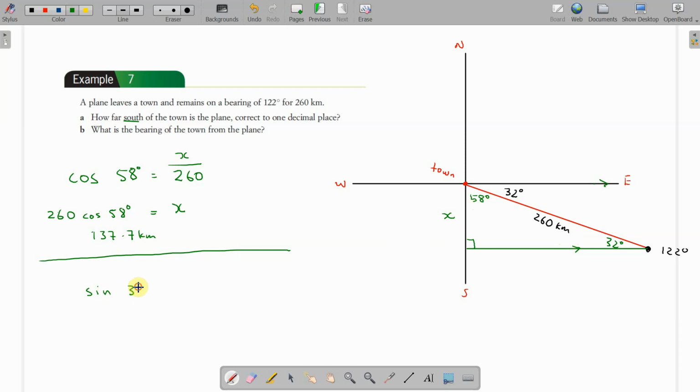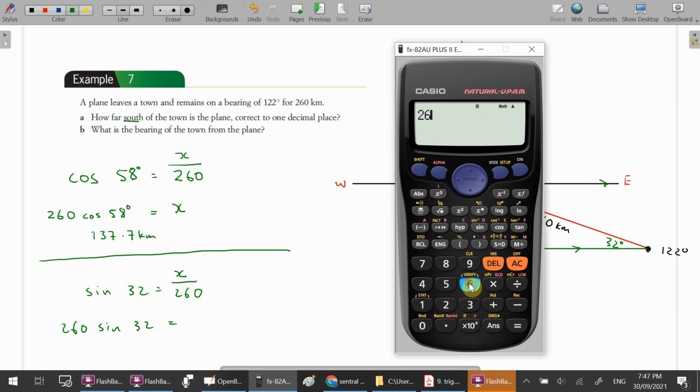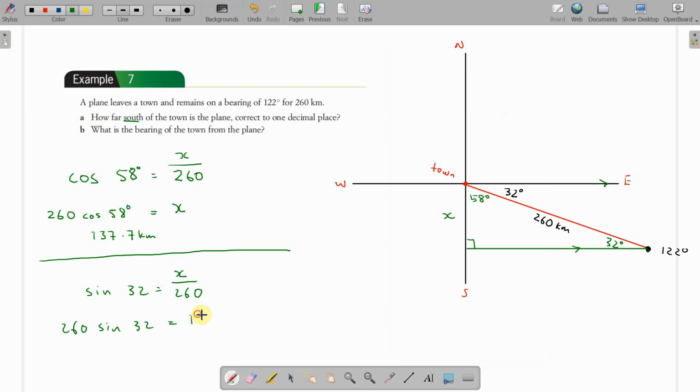The sine of 32 equals the opposite side over 260. Multiply both sides by 260: 260 sine of 32 gives 137.7, the same distance. So you can do it two ways.